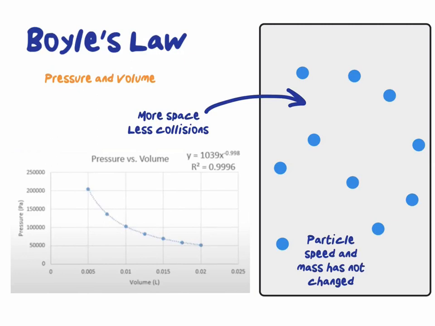Because after all, the pressure is registered by the amount of times and the force that the gas interacts with the walls of the container. So as the volume increases and there are less frequent collisions, we'll see that the pressure overall will drop.